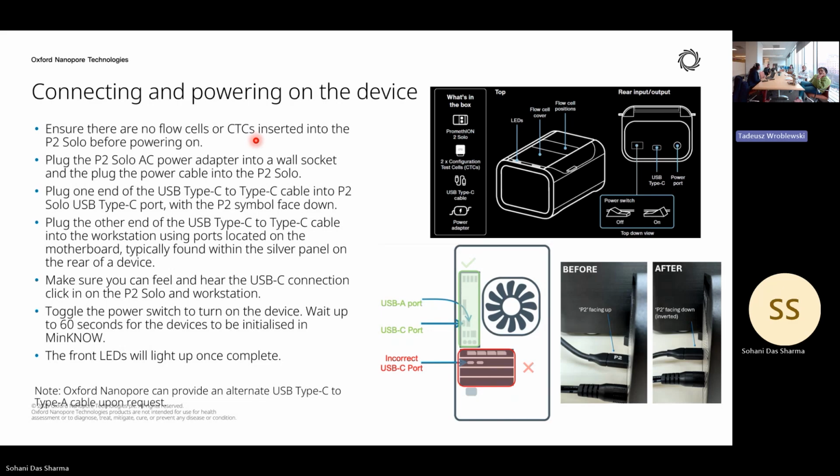These CTCs are very difficult to replace, so make sure you don't lose them. If they are lost, there is definitely a way to replace them, but they come from the UK, so there could be a delay. These CTCs are very useful for a hardware check, or when we do a software update, we use them once again to make sure everything is working well or not.